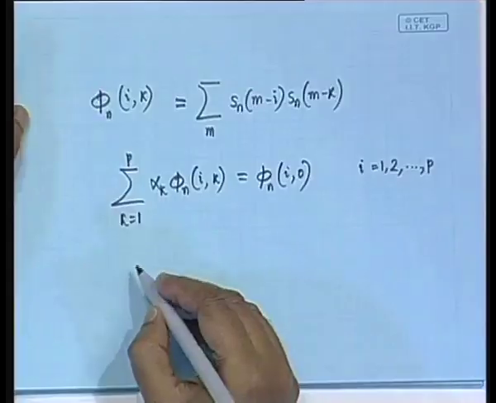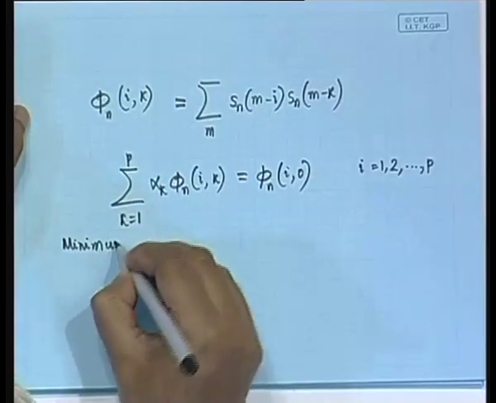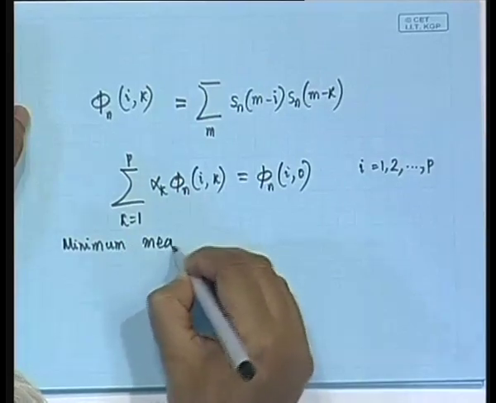So that is how we approach it, from the minimization of the error. If we put this condition and substitute it into the error expression, we get the minimum mean square prediction error.